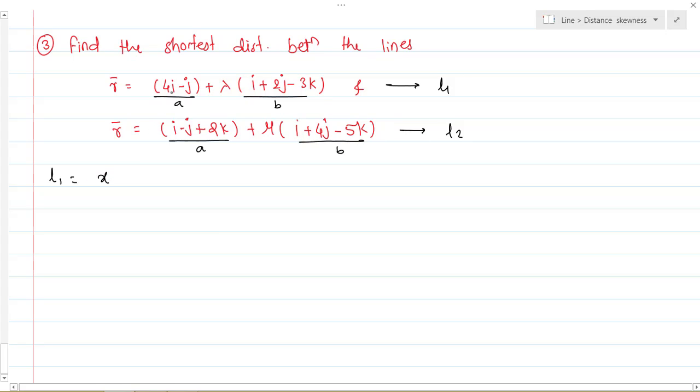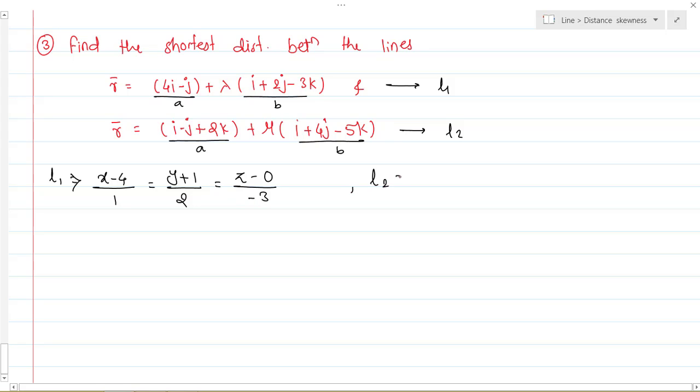So it is (x minus 4) upon its direction ratio 1 equals (y plus 1) upon the second direction ratio 2 equals (z minus 0, since there is no k term) upon the third direction ratio minus 3. This is my L1.